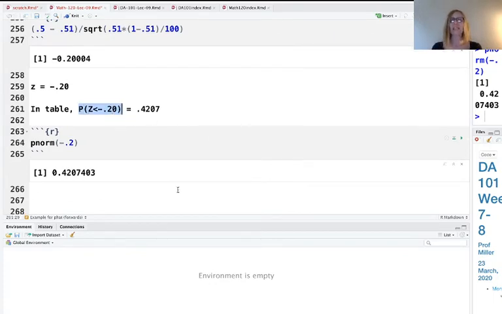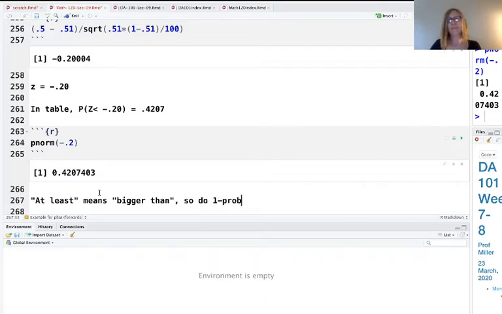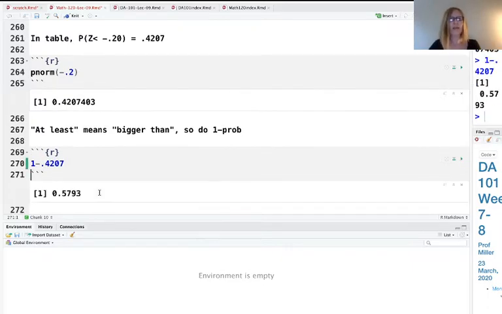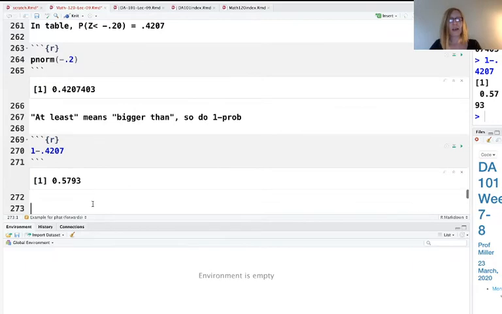We did less than, and we need a bigger than one. That's cool. It's easy. At least means bigger than. So do 1 minus. For us, our final answer is 1 minus 0.4207.